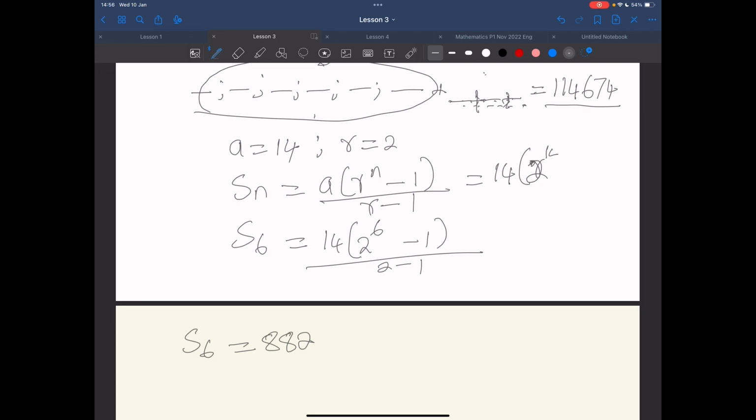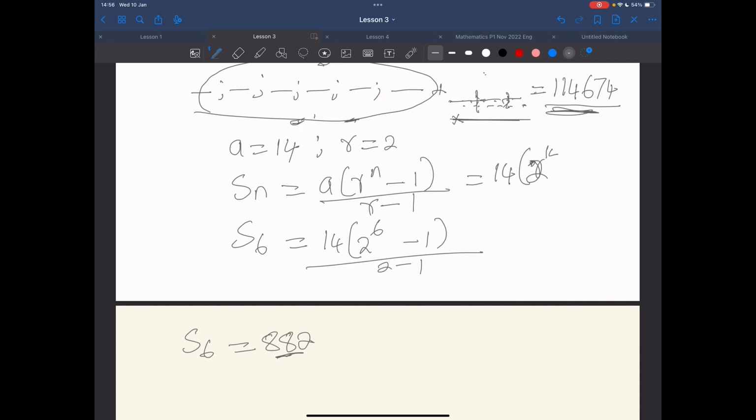Now what is going to happen is that when we take away the sum of the first 6, which was 882, we must know how many terms the remaining sum gives us. So we need to take this answer here and subtract the sum of the first 6 terms.